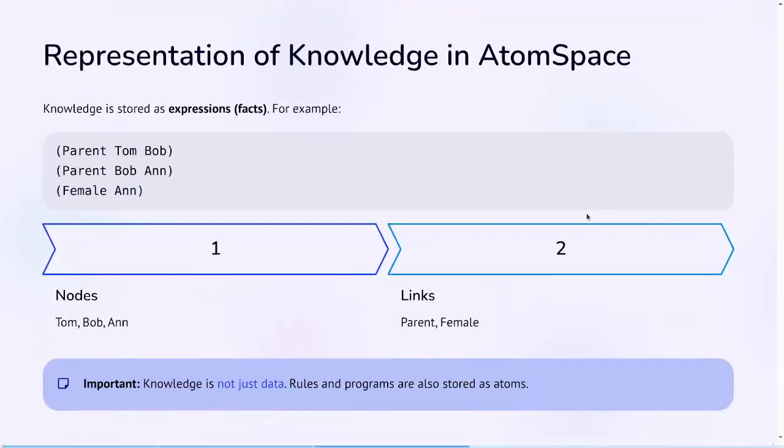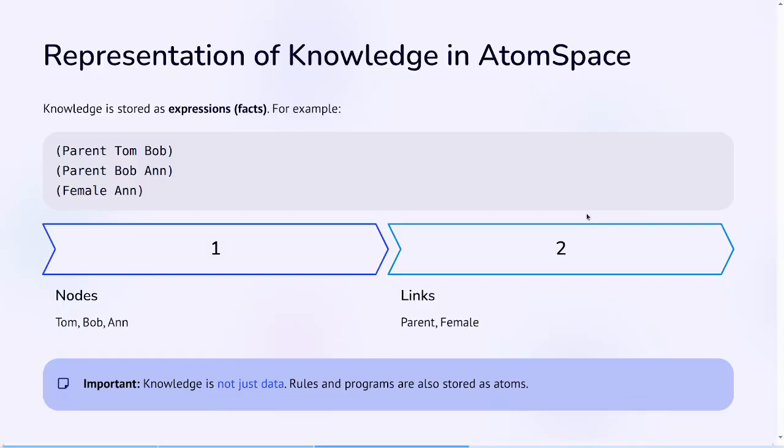The other one is how we represent data in the Atomspace, or the representation of knowledge in the Atomspace. Since we have a huge amount of data or knowledge, how are we able to represent that in the Atomspace? One thing that makes Atomspace handy is that we can represent our data as whatever we want, right?